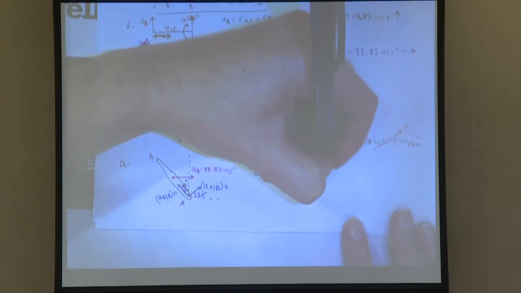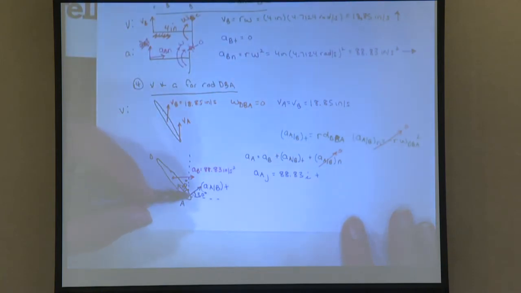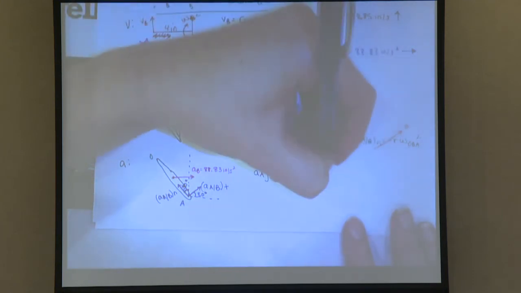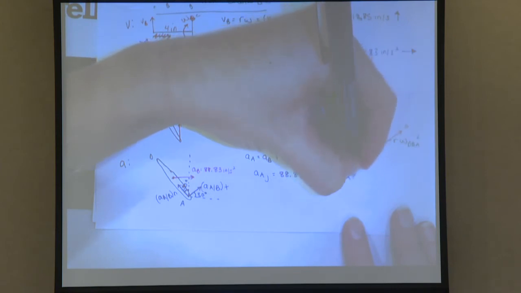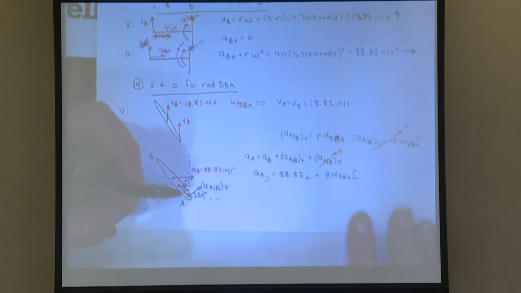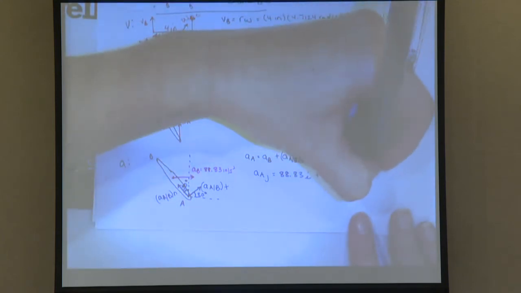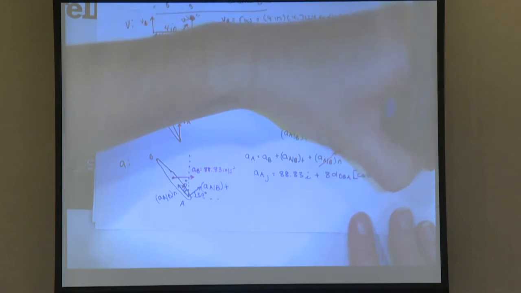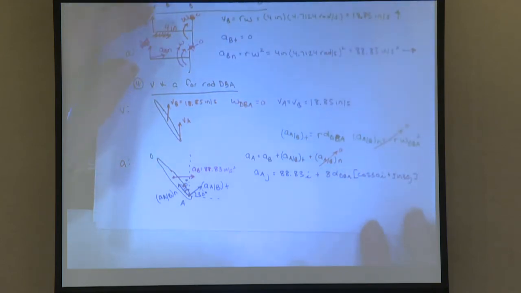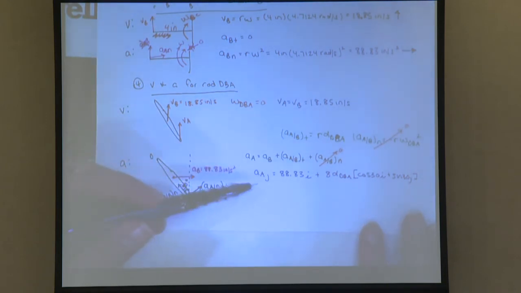So we're going to have 8 alpha dBA. And then for the I component, it's going to be cosine of 30 based off of this, and then I have plus sine 30 J. And we know that A can only move in the J direction, so that's why I put a J there.